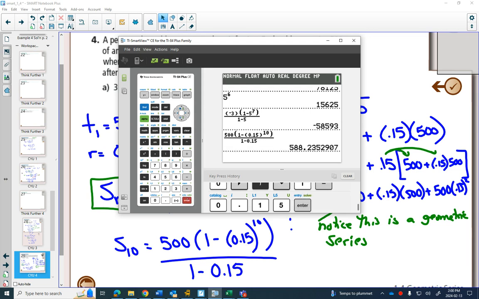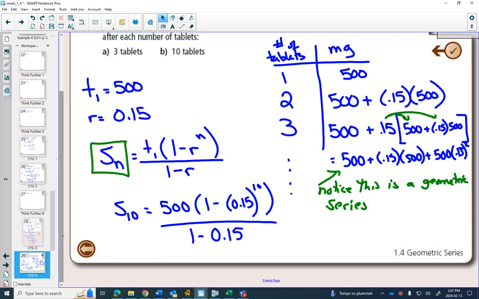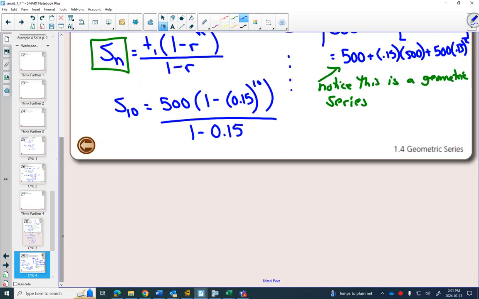Hit enter. $588.24. Interesting that it wasn't that big, right?